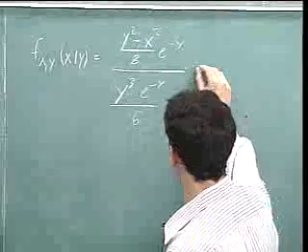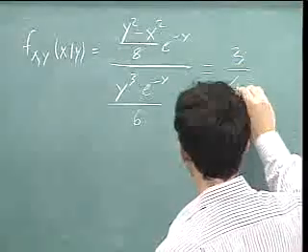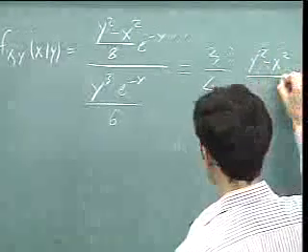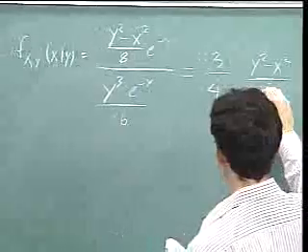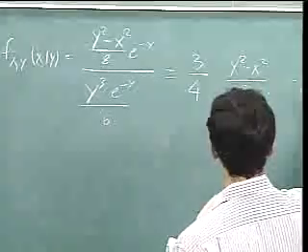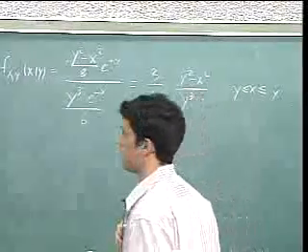And this simplifies to 3 over 4 y squared minus x squared over y cubed. And of course, it's only defined for x between minus y and plus y.